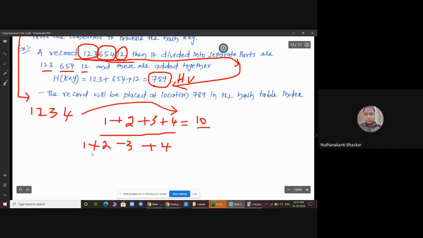For all input data, for insertion, for deletion, for searching, you have to use the same format: addition, subtraction, addition. Understand? Here what have I taken? All additions. Yes or no? Then what is the output? In this case, what is the output?